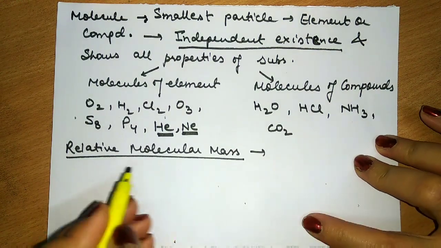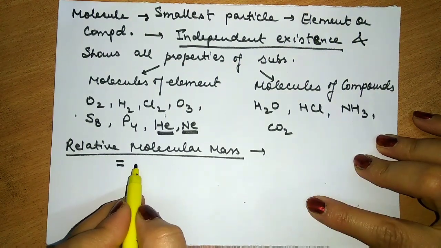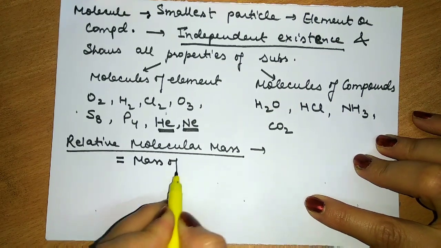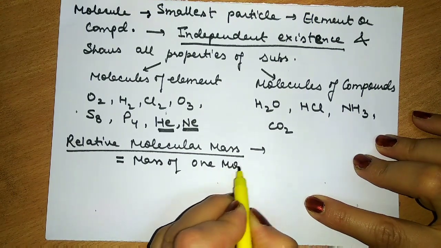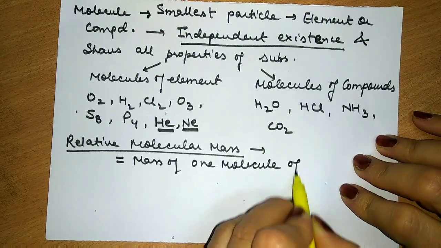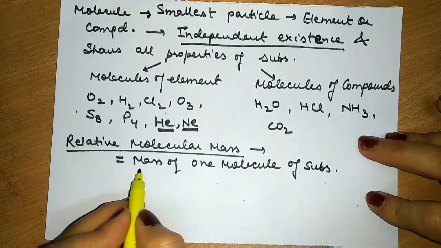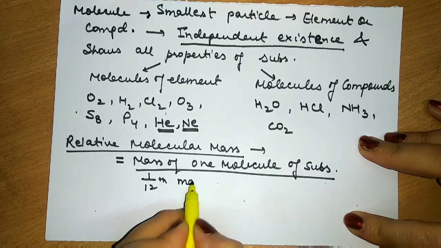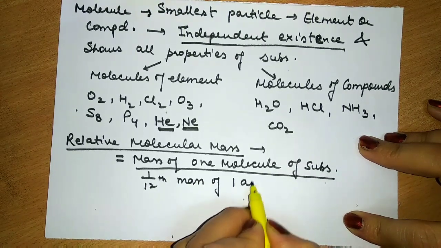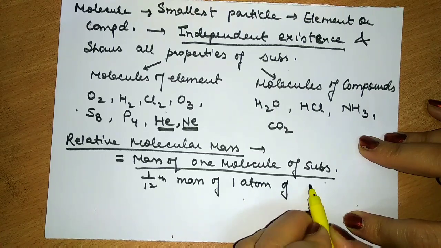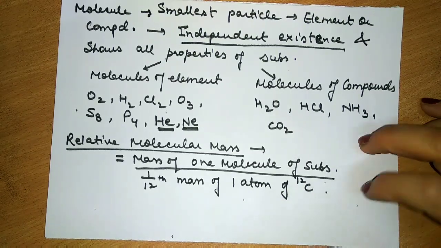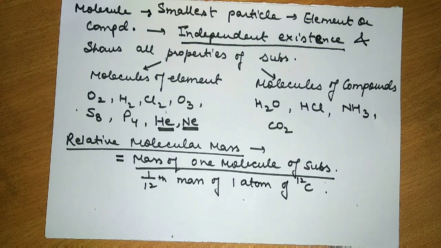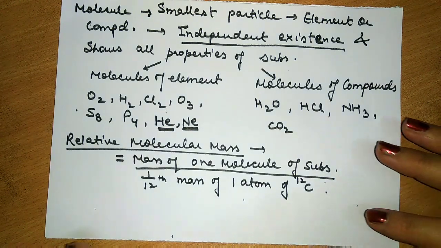That means नीचे तो 1/12 ही रहेगा. So if I write the formula, I can write it as mass of one molecule of substance divided by 1/12 mass of one atom of carbon 12 isotope. ये फॉर्मूले आपसे बेटा डेफिनेशंस पूछी जाएंगी and you have to be very careful about this definition. And this is nothing but the molecular mass.